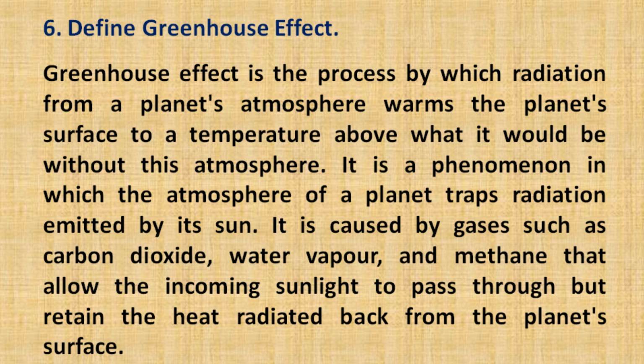It's a phenomenon in which the atmosphere of a planet traps radiation emitted by its sun. It is caused by gases such as carbon dioxide, water vapor, and methane that allow the incoming sunlight to pass through but retain the heat radiated back from the planet's surface.